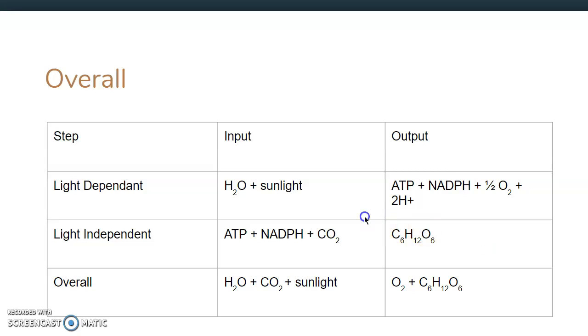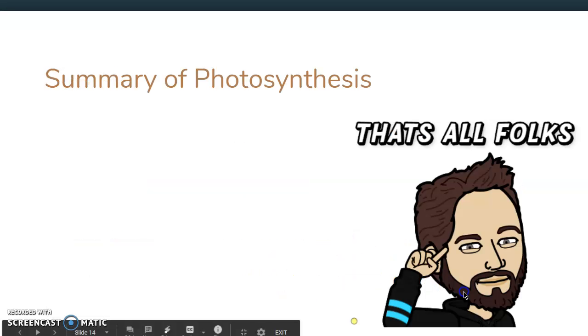We have our water and our sunlight making our energy molecules, our oxygen, and some protons. Our protons get used up, so I should change that. Then we have our ATP and our NADPH plus our carbon dioxide, so our energy plus our carbon dioxide making our glucose. And we finally end with our overall reaction.